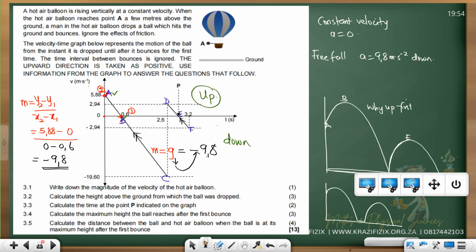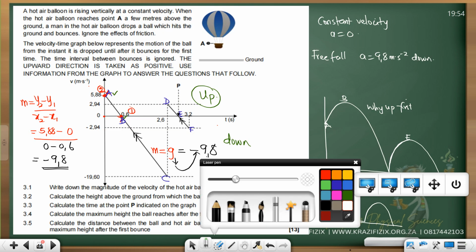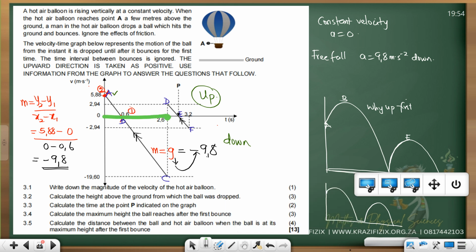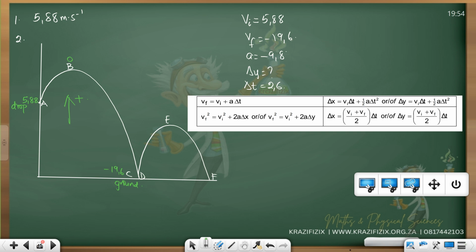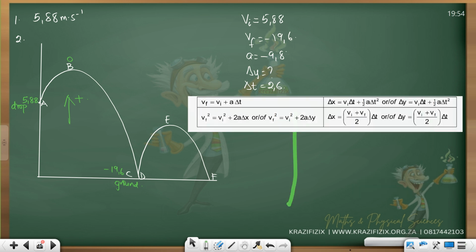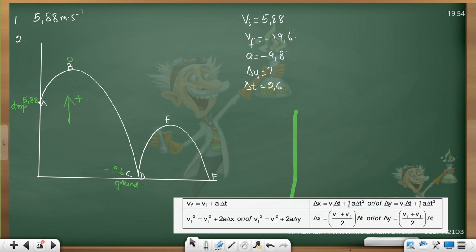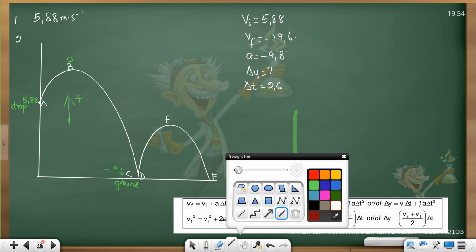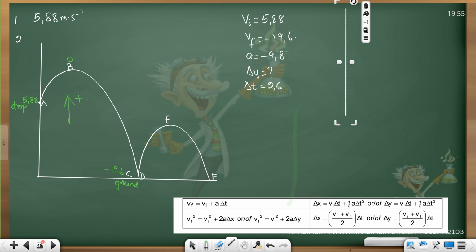Quickly, between A and C, look at it. 2,6. Between A and C, 2,6. Daisy, we okay? Quickly, everybody, work this out for me. I want us to finish this. While you are busy with that, I'm not going to calculate, so I need you to get it right for me, please.